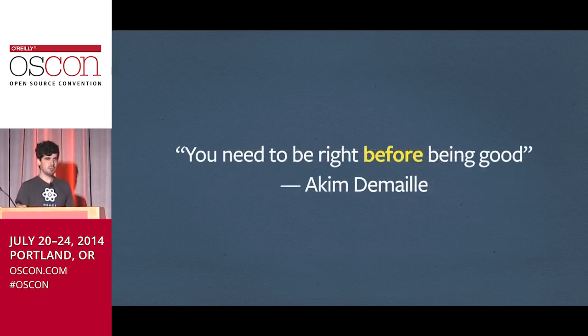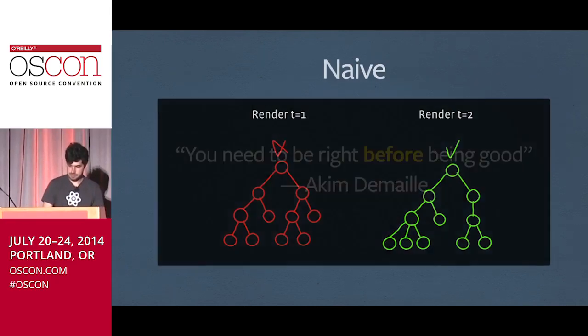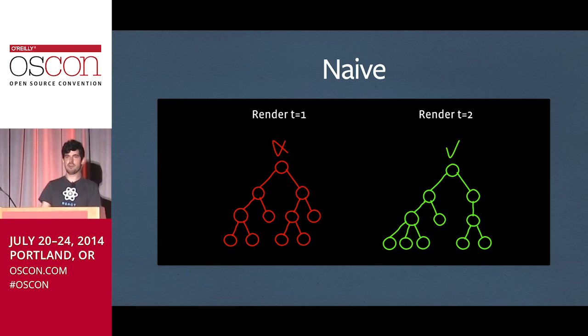But before we talk about all these optimizations, one of my teachers said, you need to be right before being good. What he meant by that is, you first want to have a solution, even if it's the most naive one that works, and then you want to iterate and improve the performance. Because if you try to make it fast from the beginning, then your project is very unlikely to succeed. So the most naive way to do it is to re-render everything on every update.